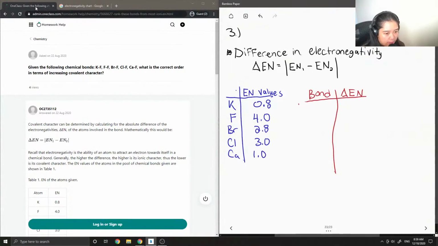So first we have potassium and fluorine. Its delta En value is just 4 minus 0.8, which is just 3.2.